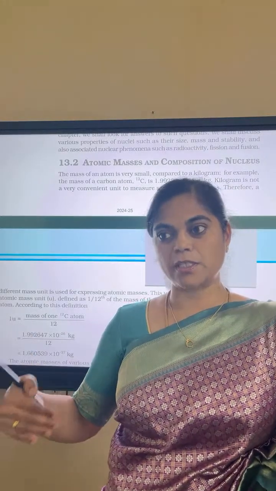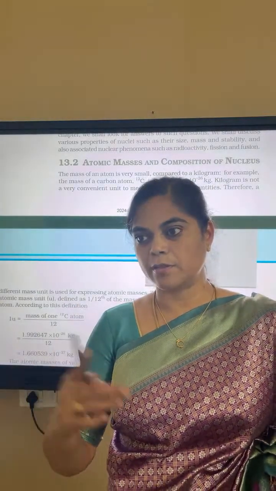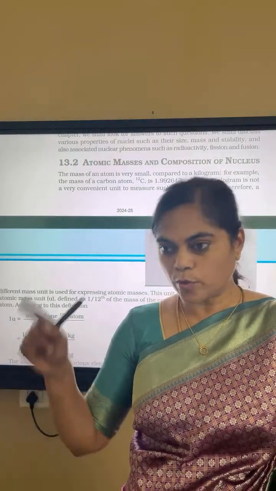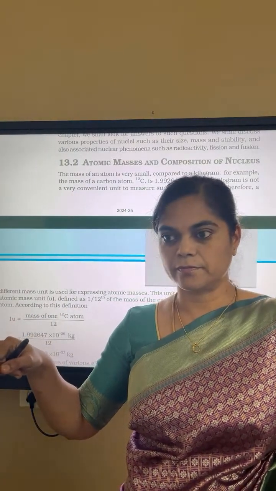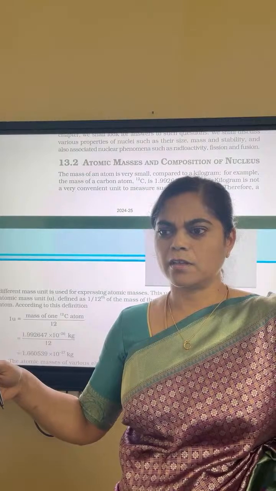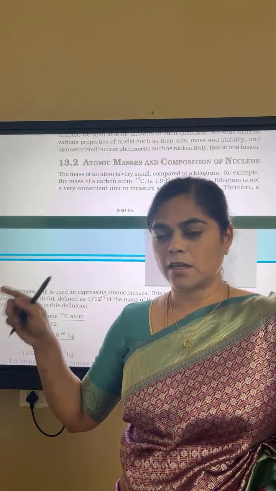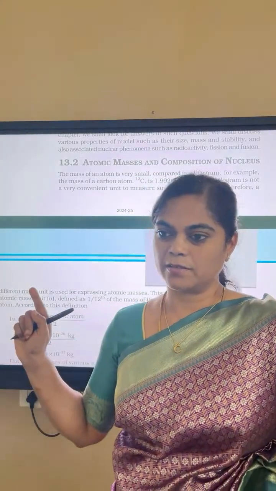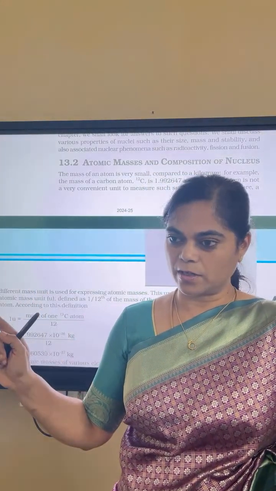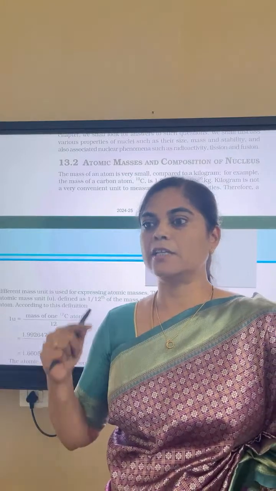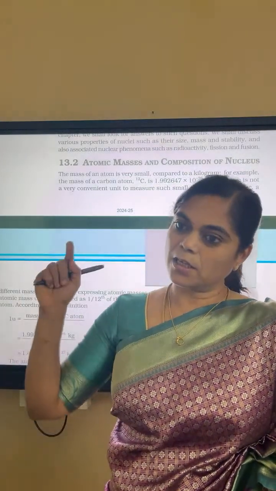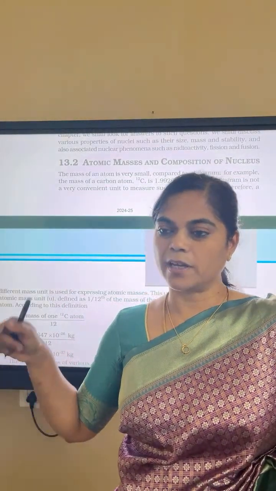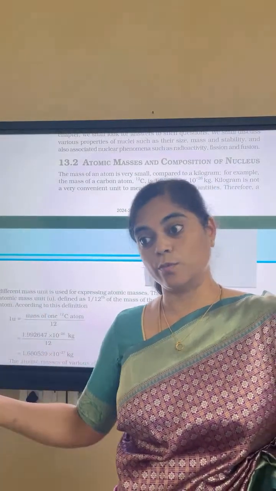Out of 100%, 95% will be protium, so 95 by 100 into 1, the atomic mass being the mass number, plus 2.57 or 8 by 100 into 2.